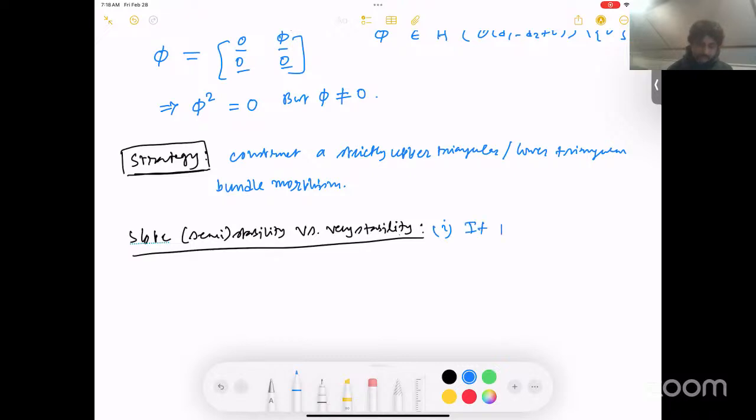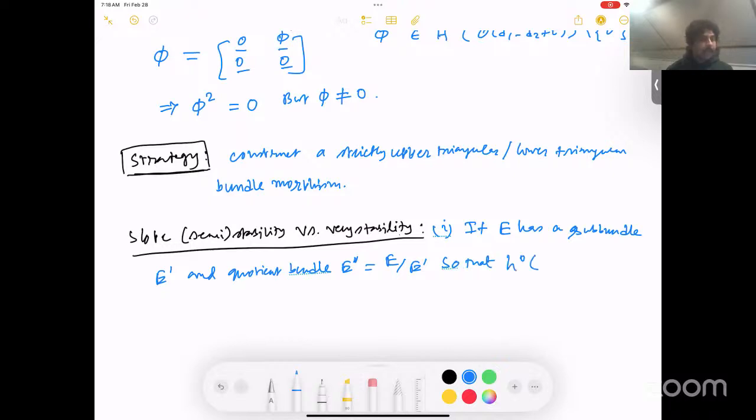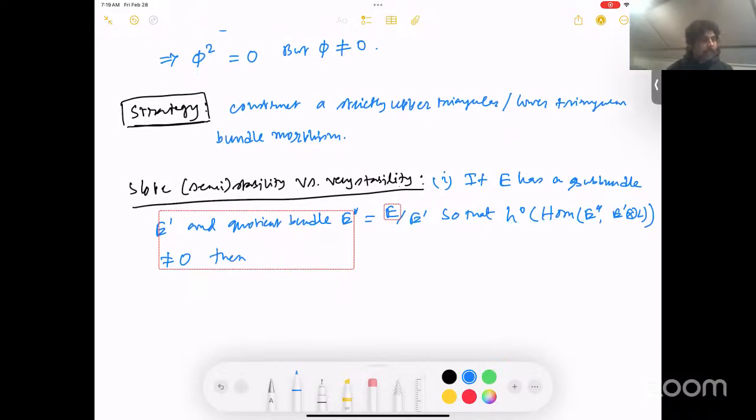If E has a subbundle E prime and quotient bundle E double prime, that is E over E prime, so that H naught, that is the dimension of the homomorphism bundle from E double prime to E prime tensor L, is non-zero, then E is wobbly.